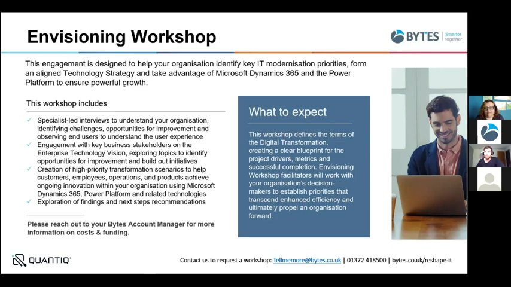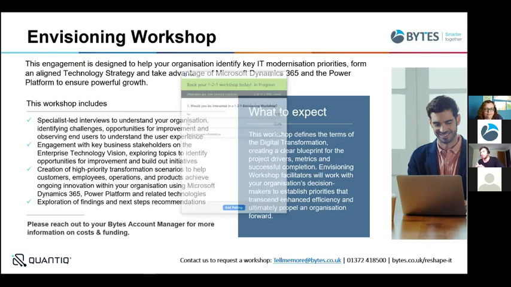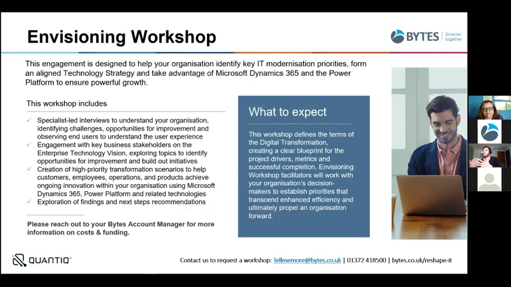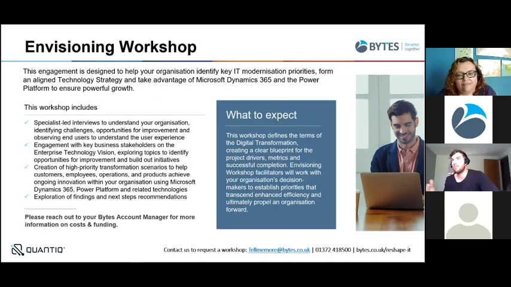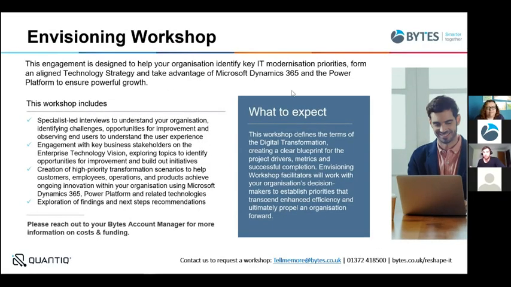Now, what we would do here really is work with you to take a holistic view of your business and, through a series of interviews, really get to grips with how your organization operates, identify your biggest challenges and what they are, and what are the key priority areas for improvement.